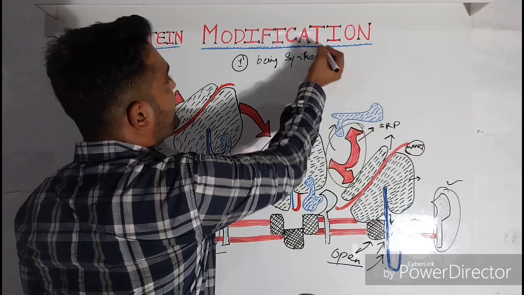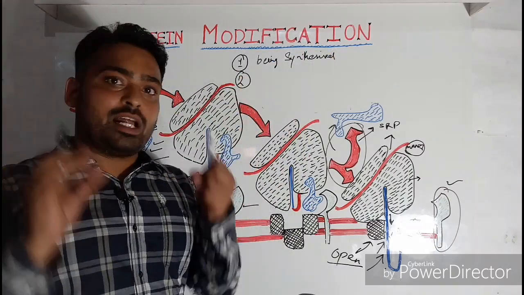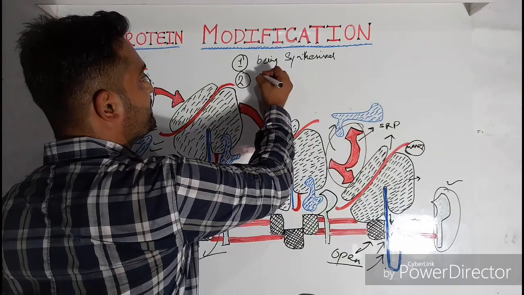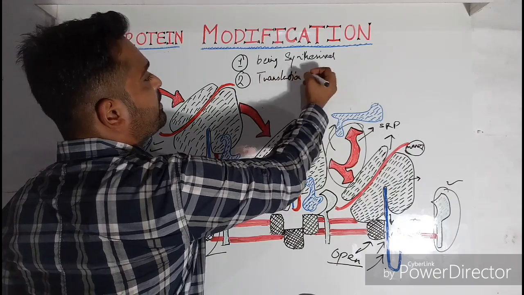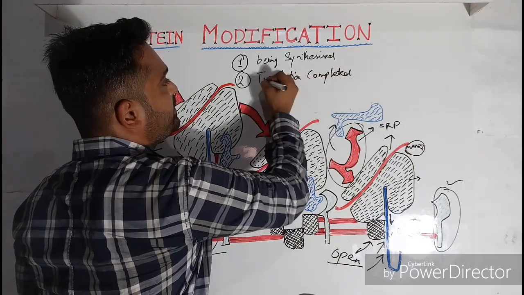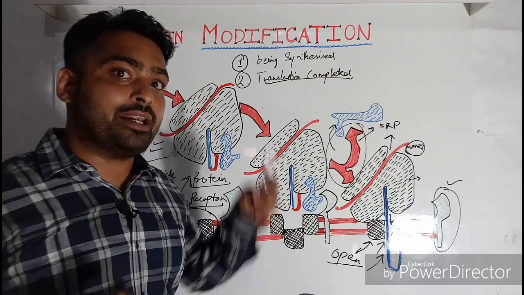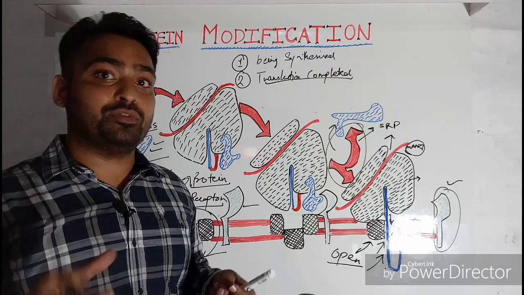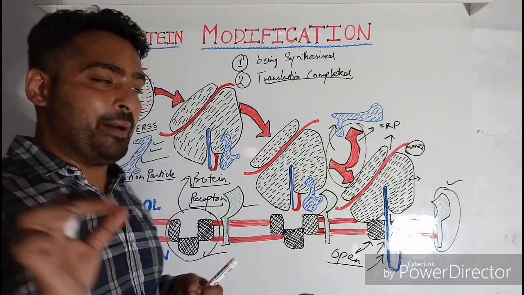The second case is if the translation of the protein, or the protein synthesis, has been completed, or we can say after the protein synthesis is completed and now it is present in the ER lumen, if it's a soluble protein, and if it's a membrane protein, it is now present in the ER membrane.